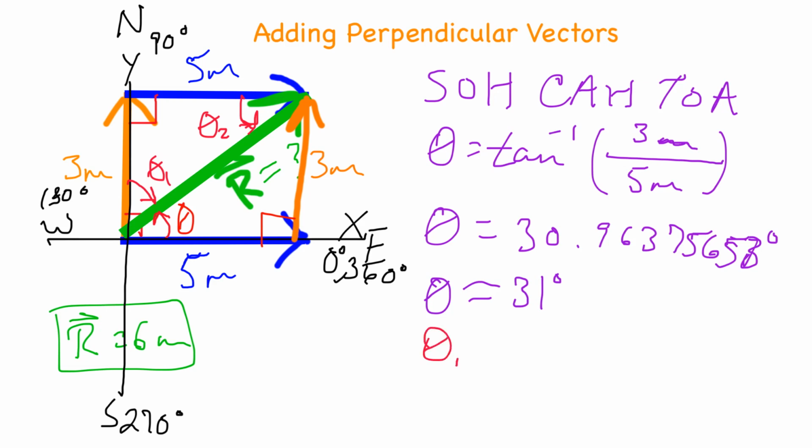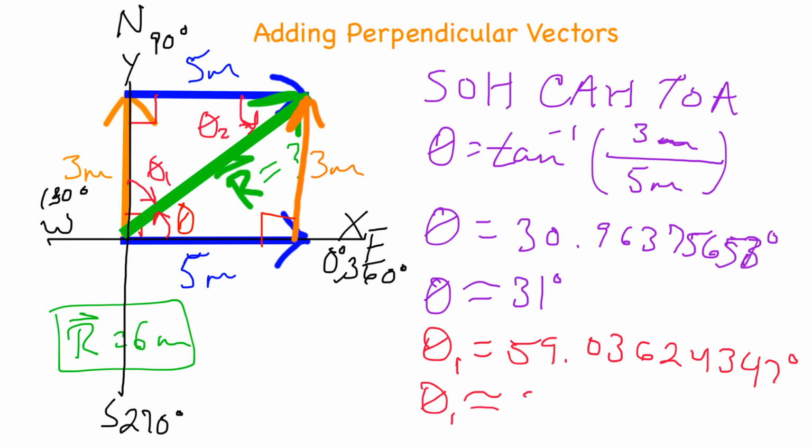Theta 1 is 59.0362437 degrees. And so with 2 sig figs, that's just 59 degrees. And that one, we would have to go on and further say east of north, because we are moving in the easterly direction away from north.